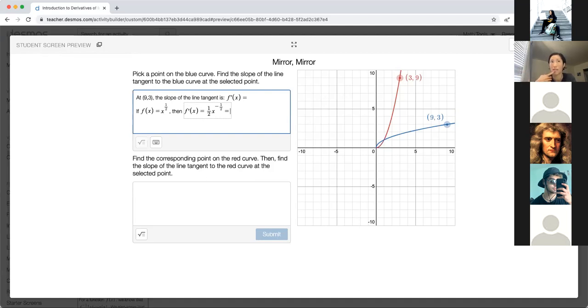Okay, what does that look like? One over 2, so 1 over 2 square root of x.